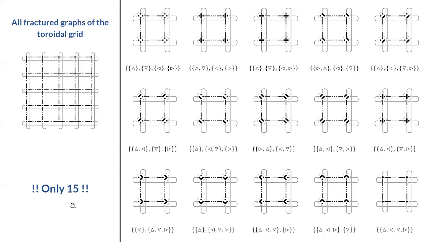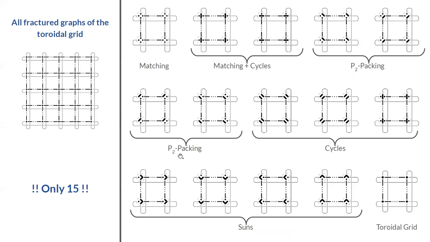I said before, we only have 15 ones at most, which is very nice. Let's take a closer look at the form of those graphs. The trivial partitions yield a matching and a toroidal grid, and the other fractured graphs also yield quite simple graphs.